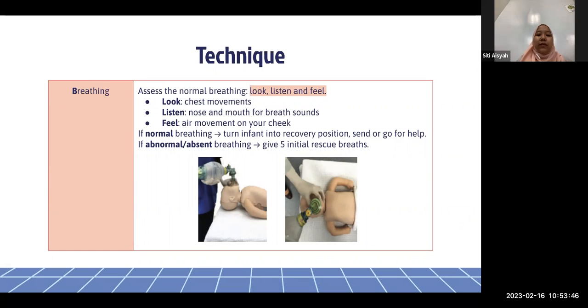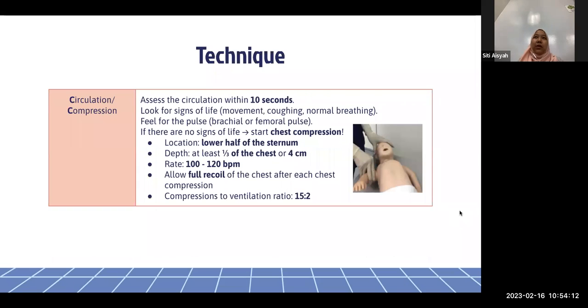If there is normal breathing, we turn the infant into recovery position, and then we send them or go for help. If the breathing is not normal or absent, we start to give them the 5 initial rescue breaths, either by mouth to mouth or bag valve mask. And then we move to the circulation or compression.